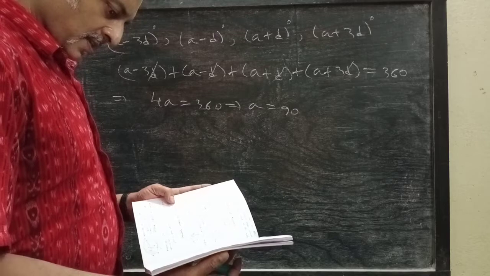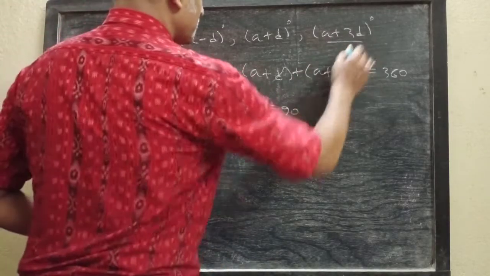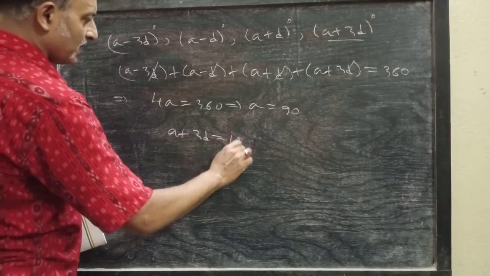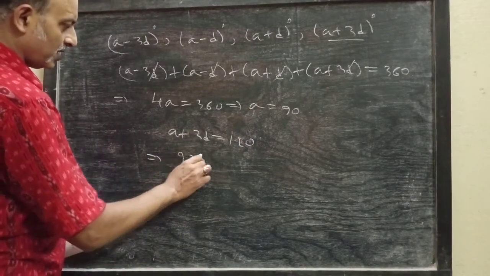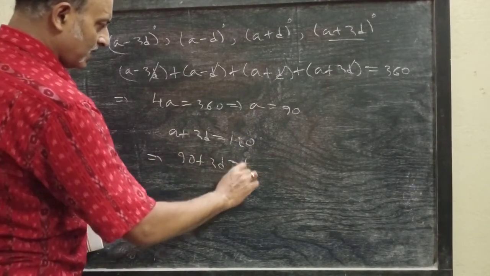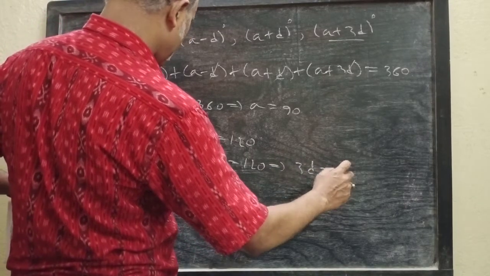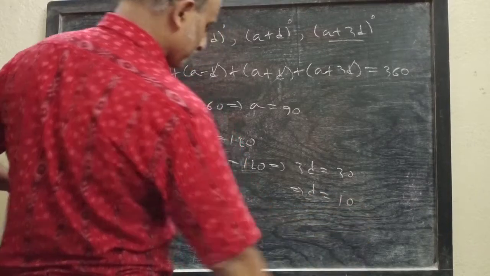Here, the greatest angle is of measure 120 degrees. Suppose this is the greatest angle, so we have A plus 3D equals 120 and we have already obtained A is 90. So 90 plus 3D equals 120. That implies 3D is 30, that implies D is 10.